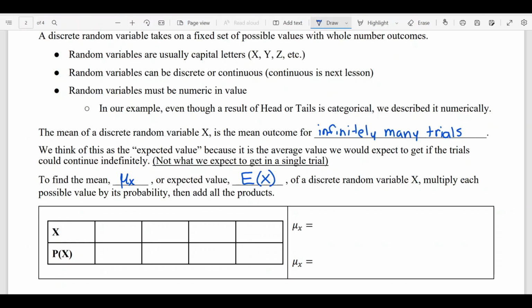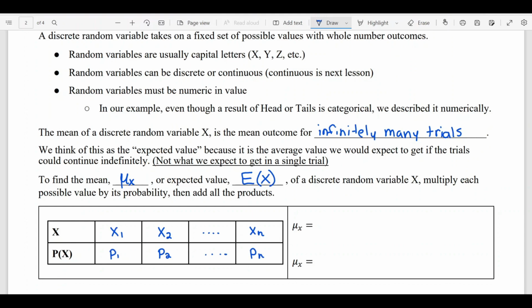So in this little table, we're just going to fill it in generally here. I've got an x sub 1, an x sub 2, x sub 3, x sub 4, all the different values up to, we're going to call it, x sub n. However many values of x you have, you could have 2, 3, 10, 20, however many. Each of those is going to have a probability associated with it: P sub 1, P sub 2, all the way up to P sub n.